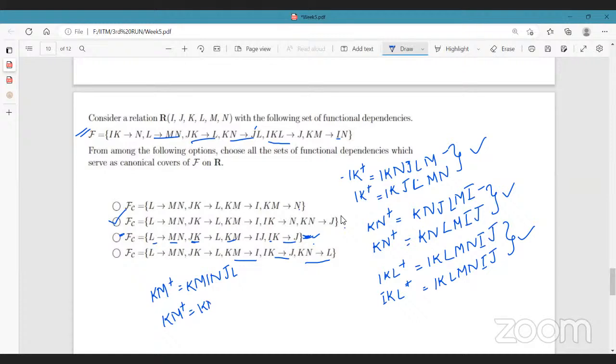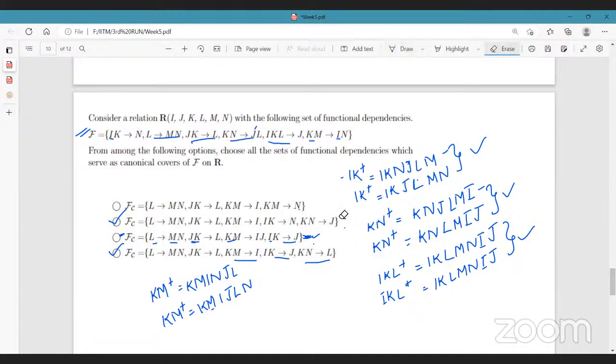KM will give I, J, then L. L, then MN. M we already have, we will get N. So now we have finally figured out all the set of attributes, right? So by that we can say that this is also a canonical cover, right?